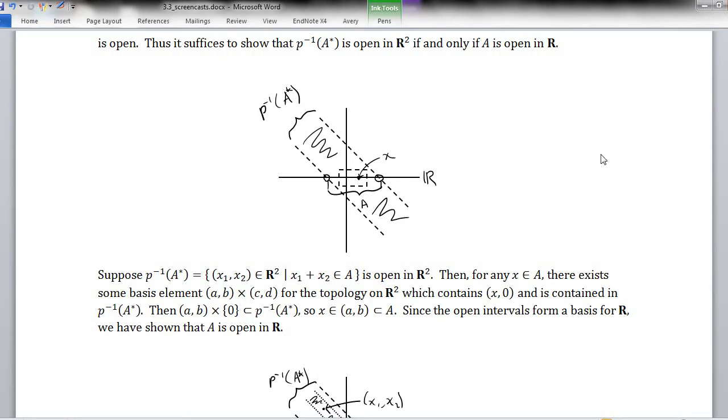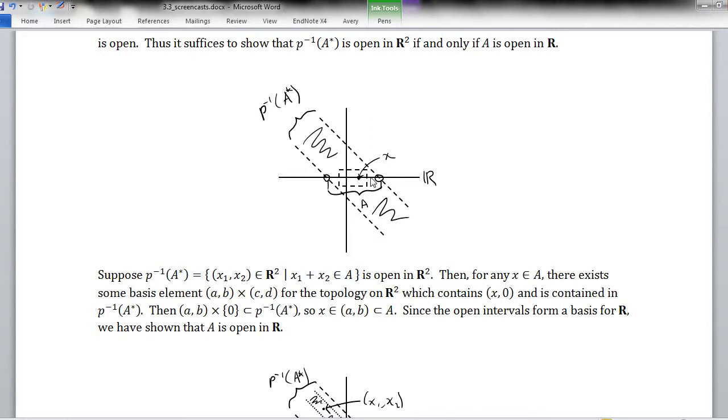Okay, so it's an if and only if statement. It means we have to show two directions. Let's first of all suppose that P inverse of A star is open in R2 and prove that A is open in R. Well, I've represented A in this diagram by this interval here on the horizontal axis.